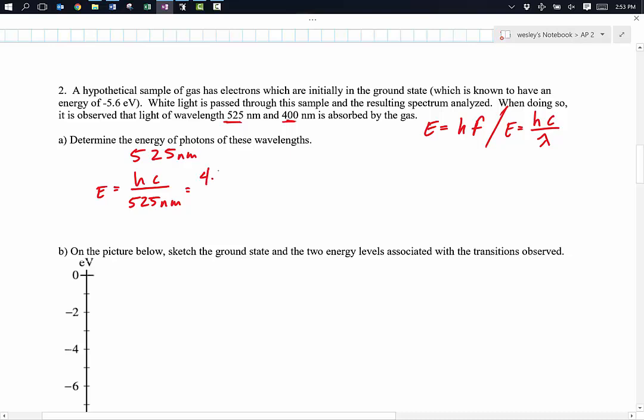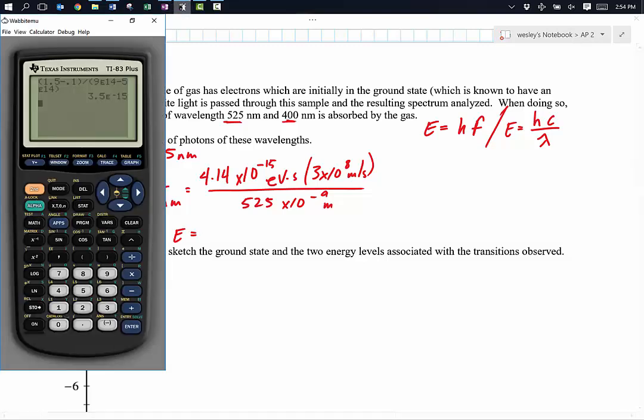So that's 4.14 times 10 to the negative 15th electron volts per second times 3 times 10 to the 8th meters per second divided by the wavelength, 525 times 10 to the negative 9th meters. That's the nano thing. And so we get our energy.